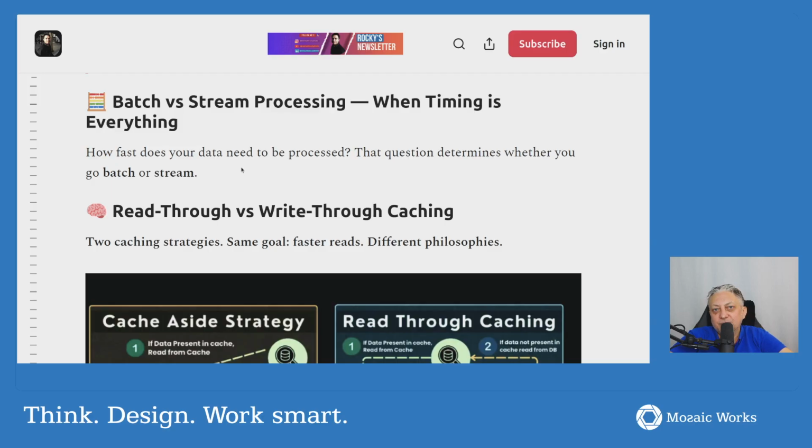It's best for things where you really need a real-time ticker, like stock exchange, weather or news. For batch processing, if you have a report you need to build, but it can wait 4 hours, it's okay. You can do batch.